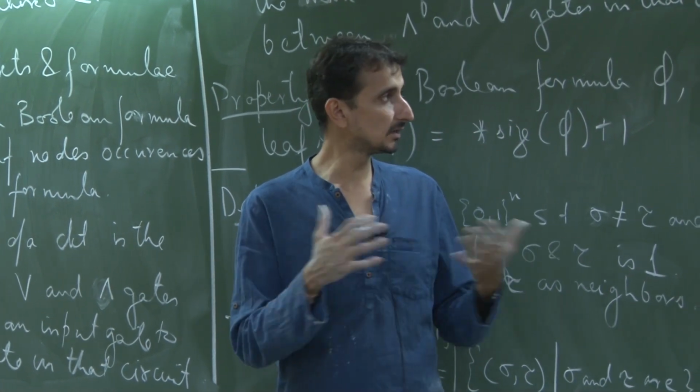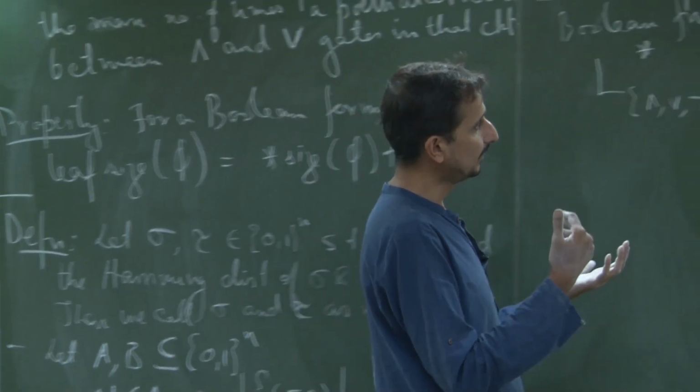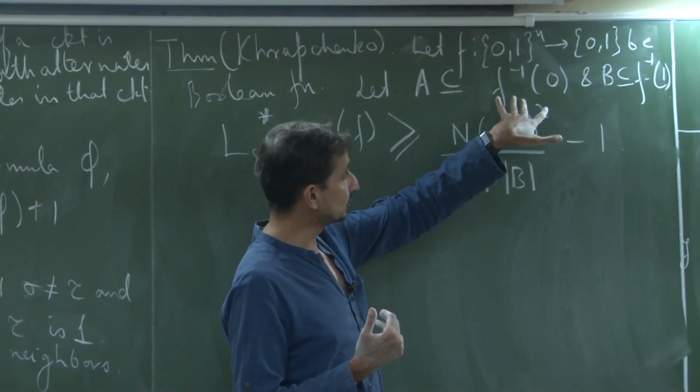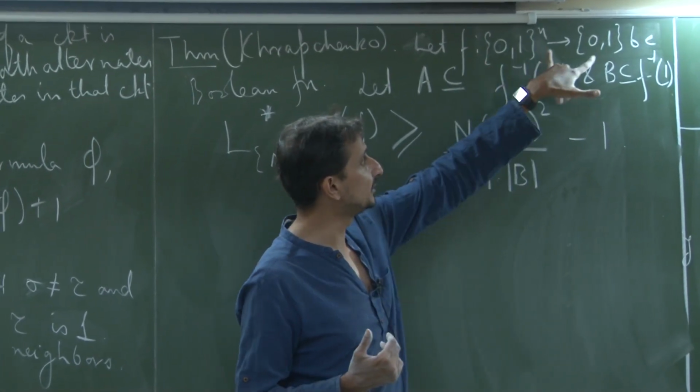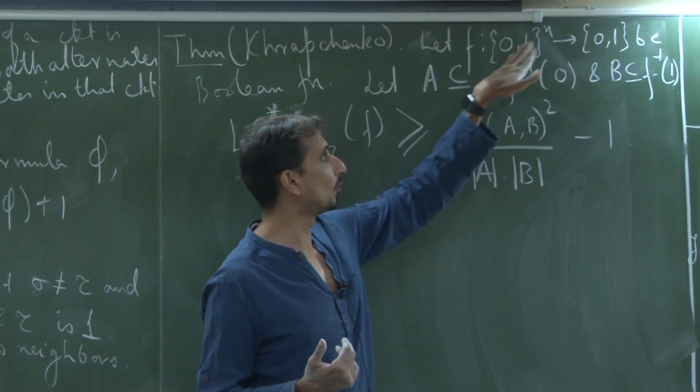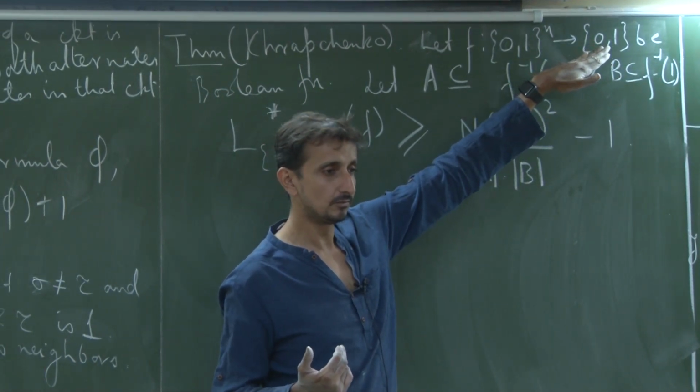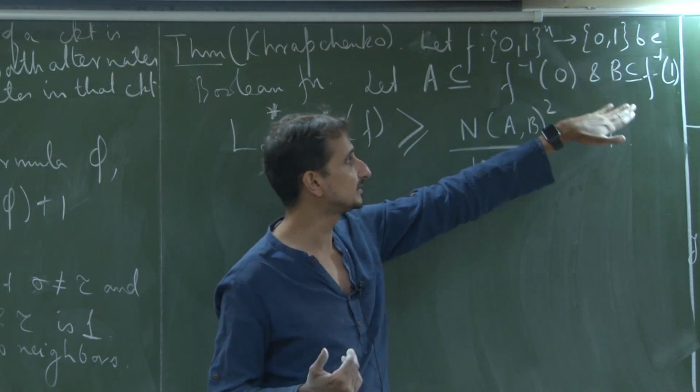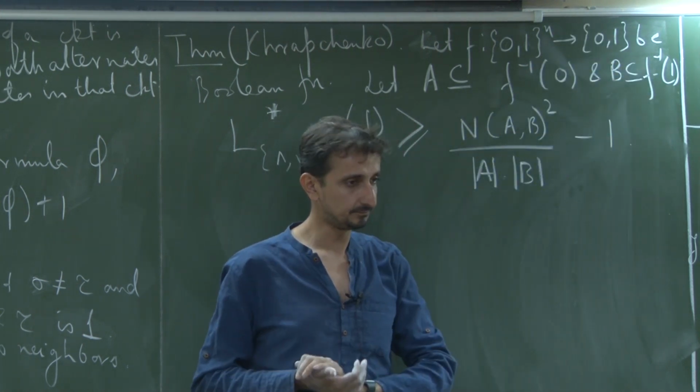So f inverse 0. f maps strings to 0 and 1, right. So f inverse 0 is all those strings which get mapped to 0. f inverse 1 is all strings which get mapped to 1.